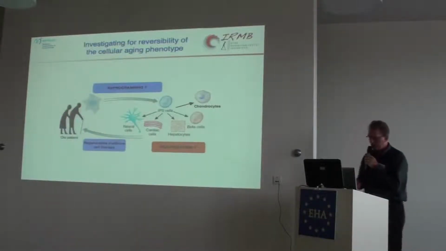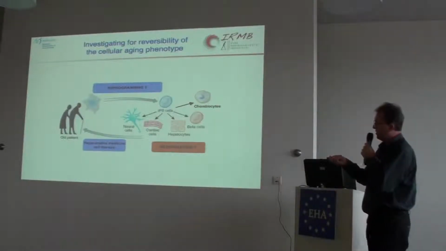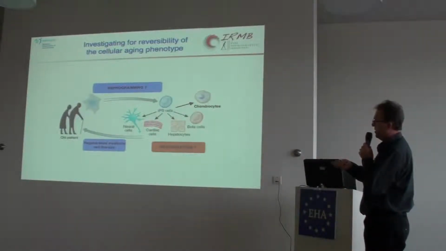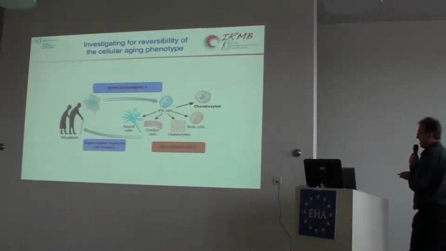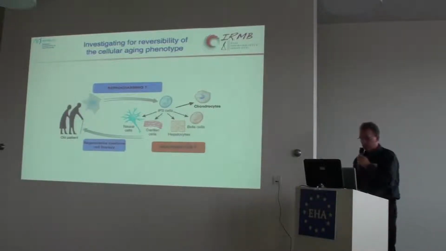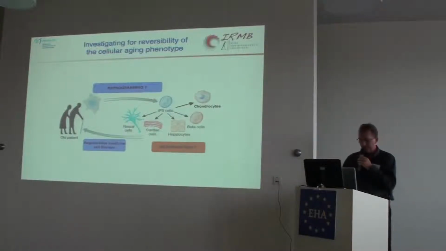So what we did first was to start from cells from old patients and also senescent cells, try to reprogram them, and then look at the rejuvenation of the cell after redifferentiation to demonstrate that we can eventually use these cells for cell therapy.